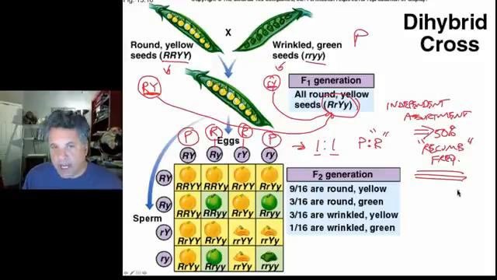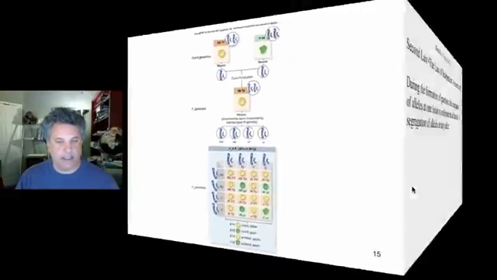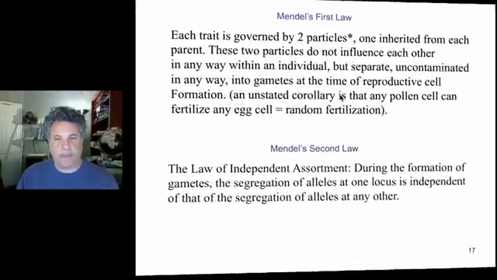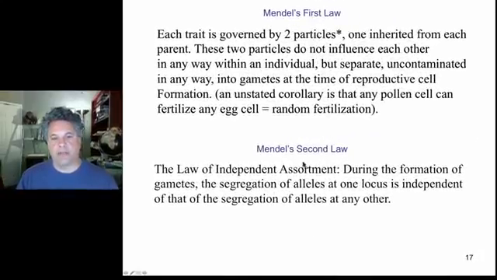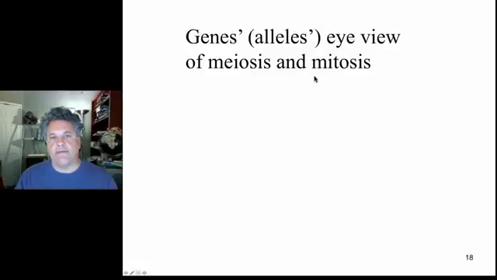But before we do either of those things, we're going to talk about the allele's eye or the gene's eye view of Mendelian inheritance. So we're going to look at Mendel's first law and Mendel's second law in terms of a gene's or allele's eye view.